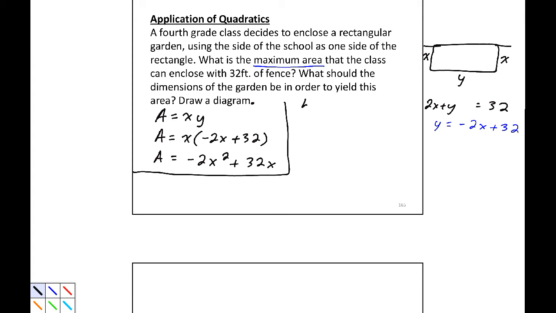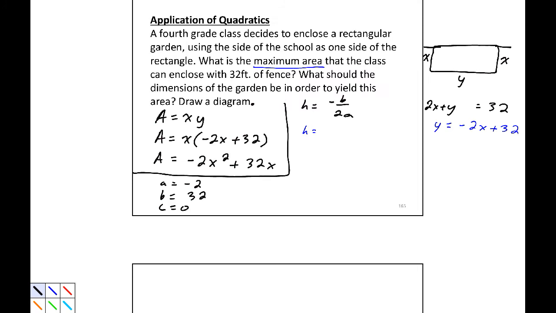We have h equals negative b over 2a. Here, a equals minus 2, b equals 32, and c equals 0, because there is no constant term. So our h would be negative 32 divided by 2 times minus 2. That would be minus 4 as the denominator, so this is positive 8.